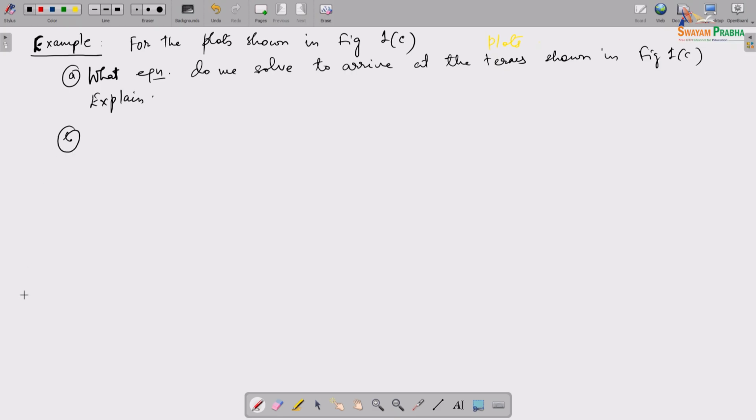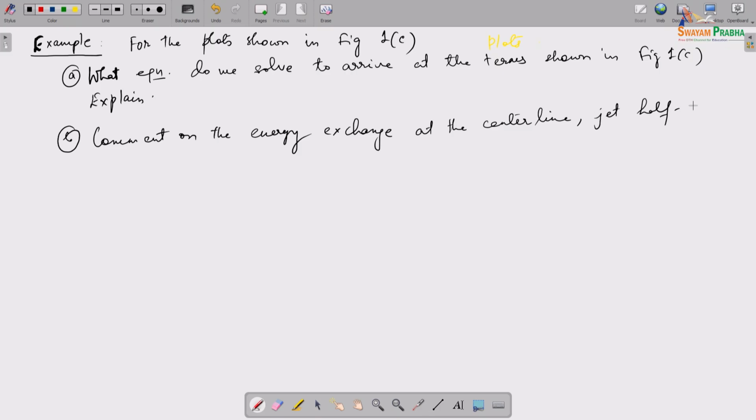And B, comment on the energy exchange at the center line, at the jet half width, and at a distance sufficiently away from the jet.